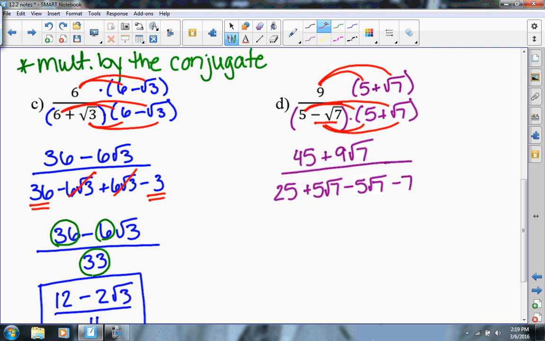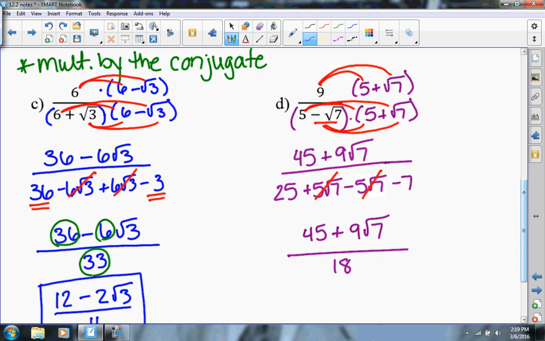So now again, in my denominator, if I look at my like terms to combine together, I've got a 5 square root 7 and a minus 5 square root 7. They'll eliminate. They'll cancel. That's what gets rid of my radical in the denominator. And then I just need to do the 25 minus 7, which is 18. And then in my numerator, I have 45 plus 9 square root 7.